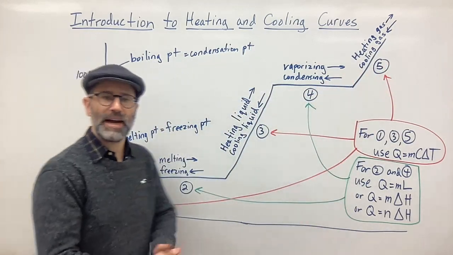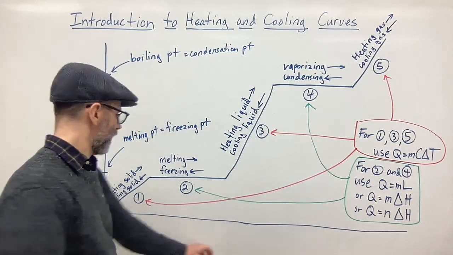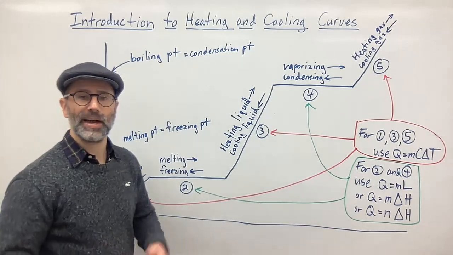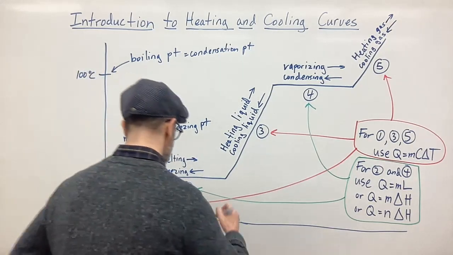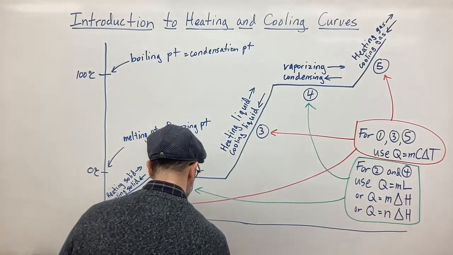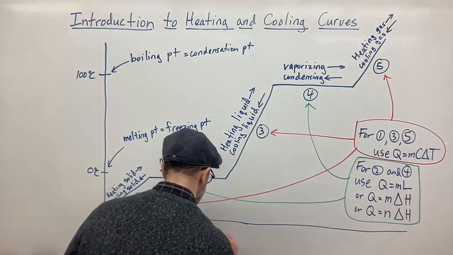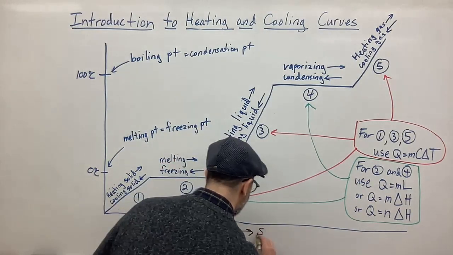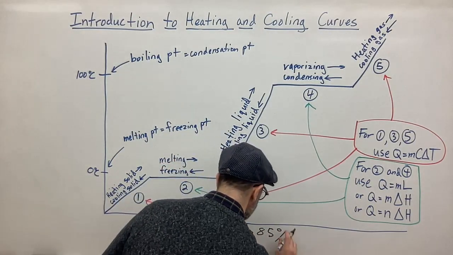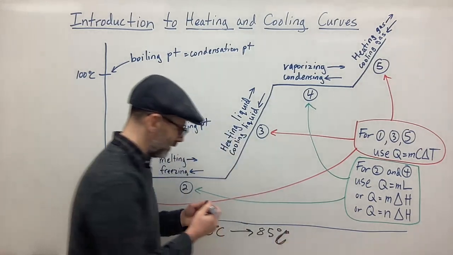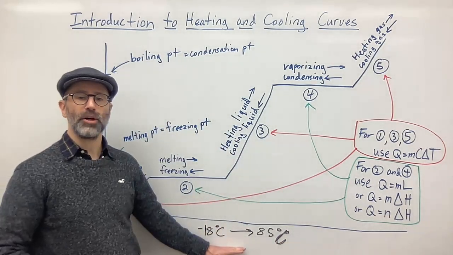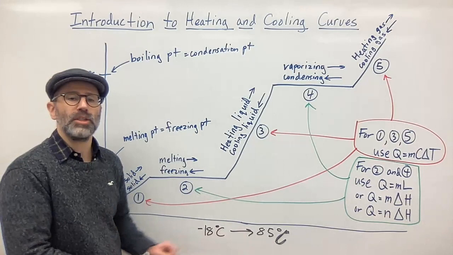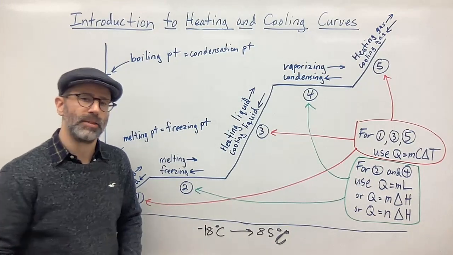So for example, if I give you a problem and I say, hey, we're going to heat up an ice cube. We're going to raise the temperature from negative 18 degrees Celsius to, let's say, 85 degrees Celsius, right? So let's say that's the problem, and you're asked, how much heat was absorbed during the whole process?